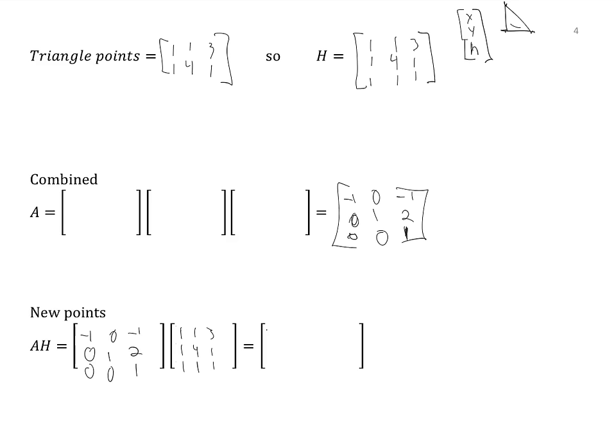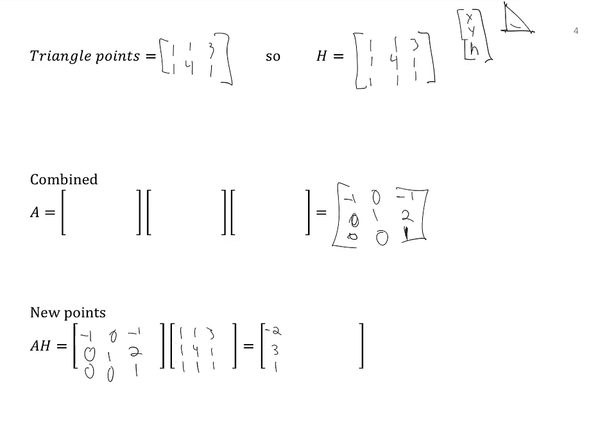In our first column, we have minus 1 plus negative 1, so minus 2. And next row we get 1 plus 2 is 3. And our last row we get a 1.